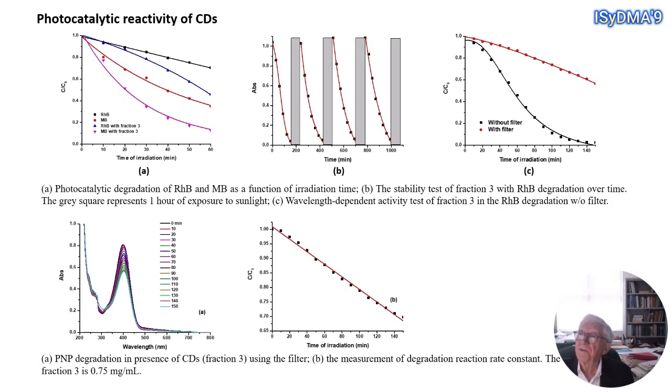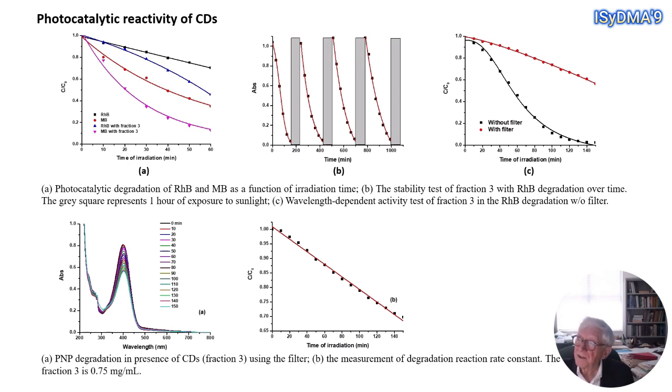So for the different dyes I just mentioned, we can see this difference in the degradation of the dye. The stability of the carbon dots was great because when we use a solution of the dye and mix it with the carbon dots, there is a degradation of, for example, this one related to RhB.